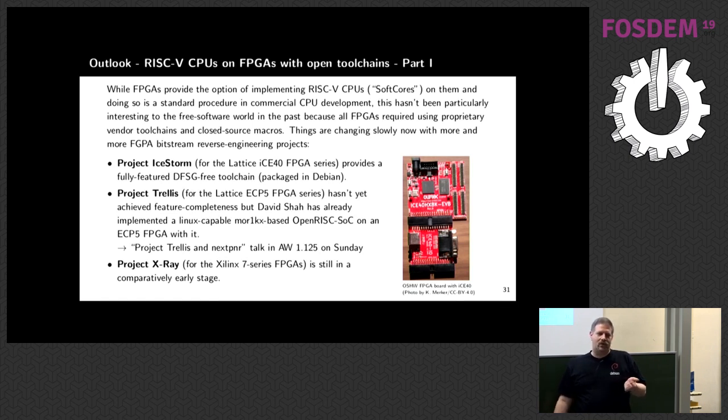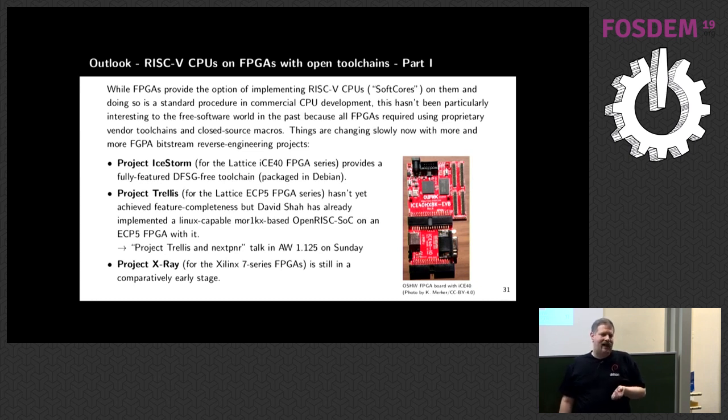But in the open source field, that hasn't been done very much because for all available FPGA types, one had to have proprietary compiler toolchains, FPGA toolchains from the big FPGA vendors. And, well, open source developers don't want to build this stuff based on proprietary tools.